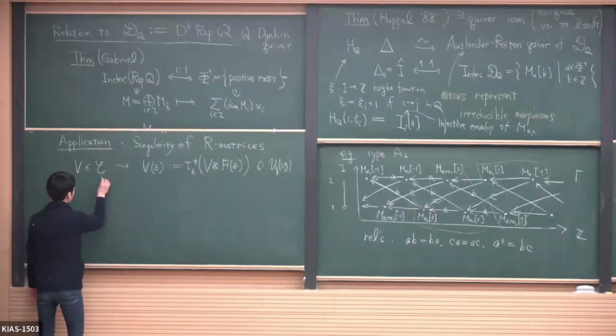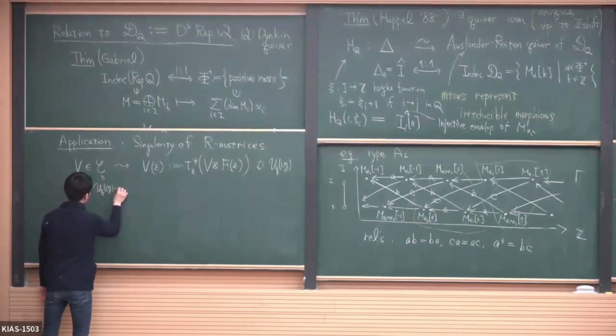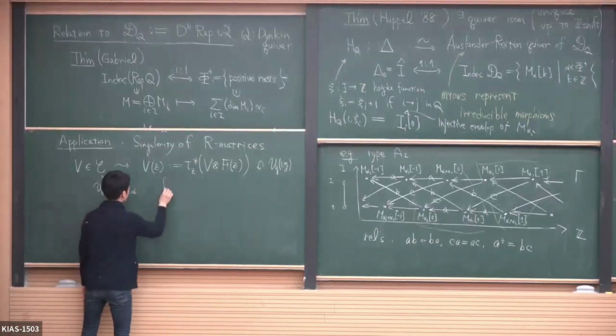So this is the finite dimensional modules of a quantum loop algebra. So this is formal spectral parameters.